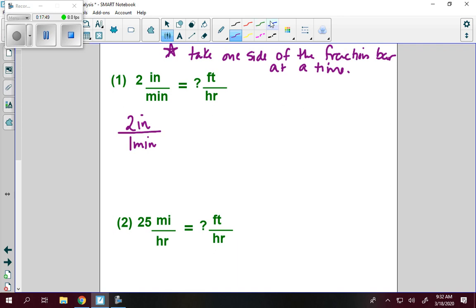So if I take it one at a time, that means I'm going to change inches to feet. So I need to get inches out of there, so I'm going to times it by inches. And if I look at my conversion, I can remember that there are 12 inches in a foot. So here I'm going to cancel out my inches, and I'm left with feet, so I'm done with the top.